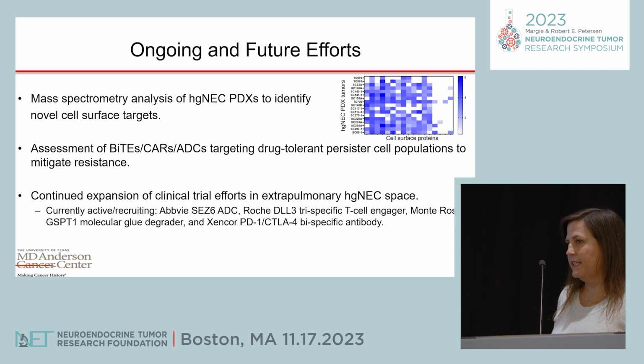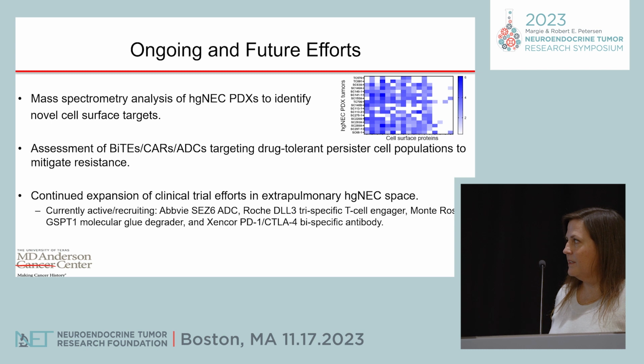Chemoresistant persister cells exhibit a unique actionable cell surface proteome. And some of our future efforts are to do mass spec analysis of some of our novel high-grade NET models to identify cell surface targets that may be specific for extrapulmonary high-grade NETs.